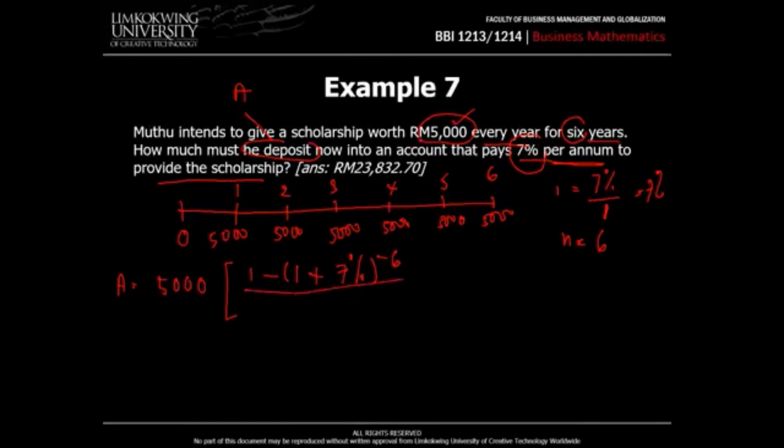Divide by 7%. What is the answer? 23,882.69. Okay, any question so far?